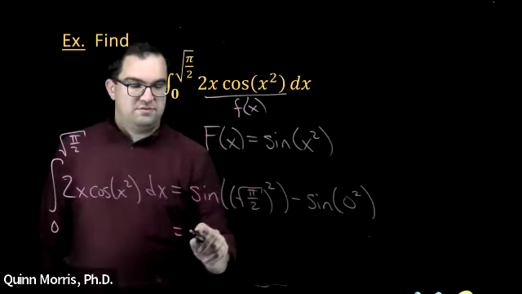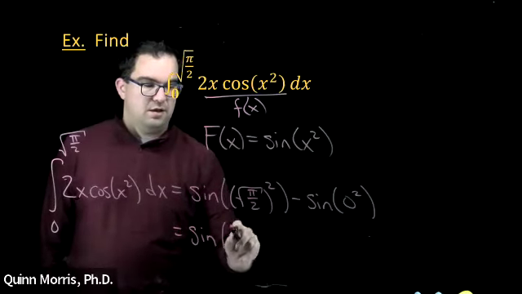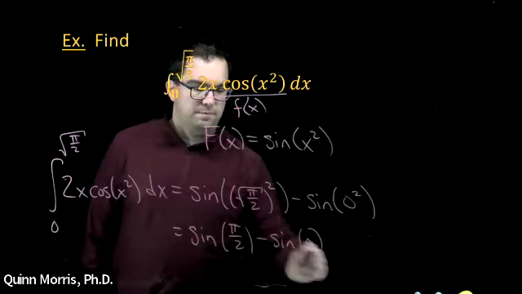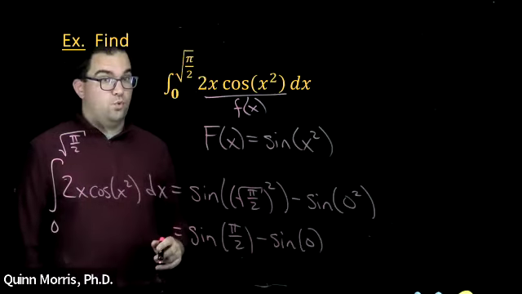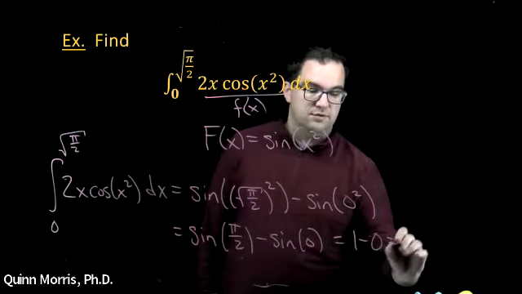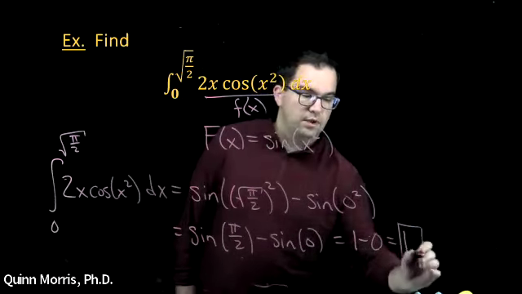Now if I do a bit of simplification, this would be sine of pi over 2 minus sine of 0. Sine of pi over 2 is 1. Sine of 0 is 0. This is 1 minus 0, or just 1.